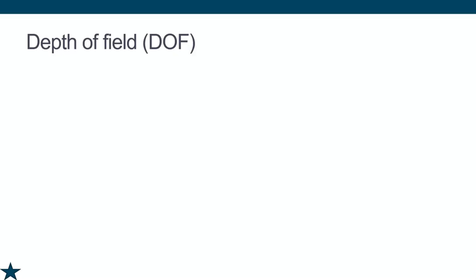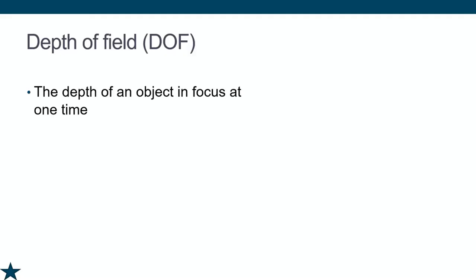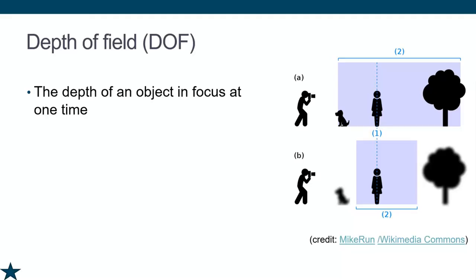The other thing that changes is what we call depth of field. And again, abbreviations, because I like to abbreviate things, it's our DOF, depth of field. So the depth of field is how much of the whole object that we can see at one time. That is going to decrease as we zoom in. So I like this image.